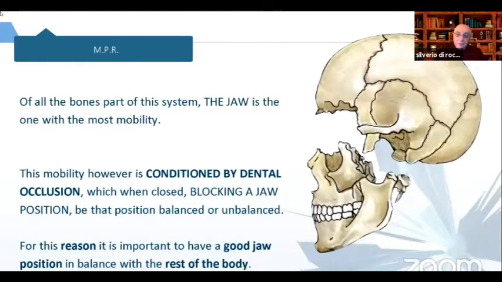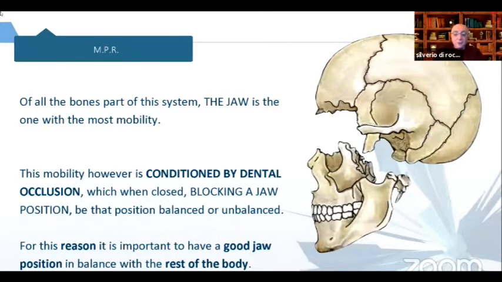All these bones of the craniofacial system and the jaw, the lower jaw, is part of the craniofacial system and it's part of the TMJs also. Okay? This jaw is conditioned.